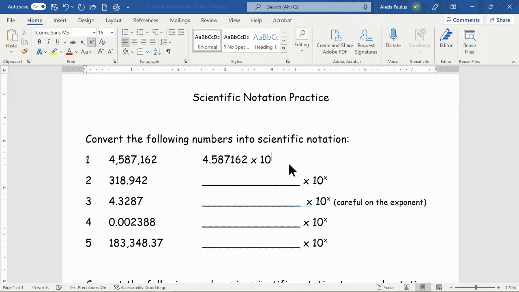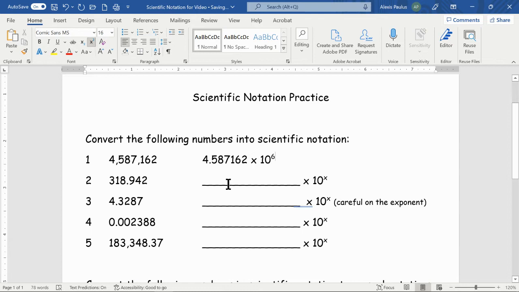Therefore, my exponent is a positive 6. The larger your positive exponent, the larger the normal notation number is. The larger the negative exponent, the smaller the normal notation number is, meaning more decimal places and potentially zeros after the decimal.